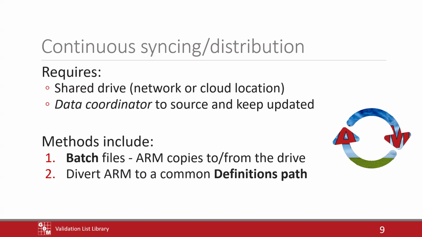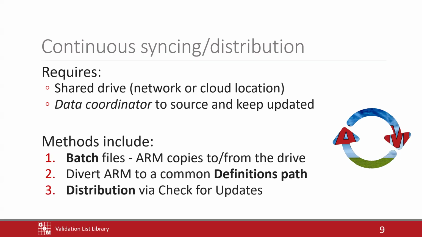Could also just change the path that everyone's ARMs typically are looking at your hard drive for the study definition folder. We could actually recreate that folder out in a shared drive. And so we just divert ARM over to that common folder. So it's no longer a separate folder on each person's computer, but one folder out there in the cloud that everyone is looking at.